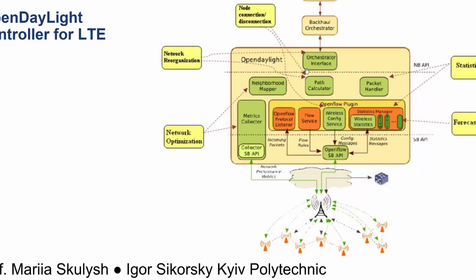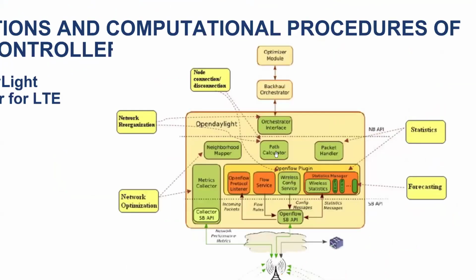The northbound API is connected with the orchestrated infrastructure, because, as I told you, different applications are programs which may be encapsulated into containers, each placed somewhere in the cloud and so on.